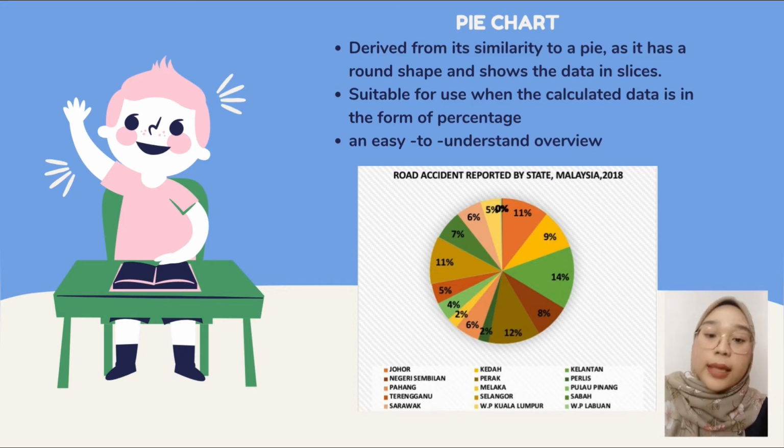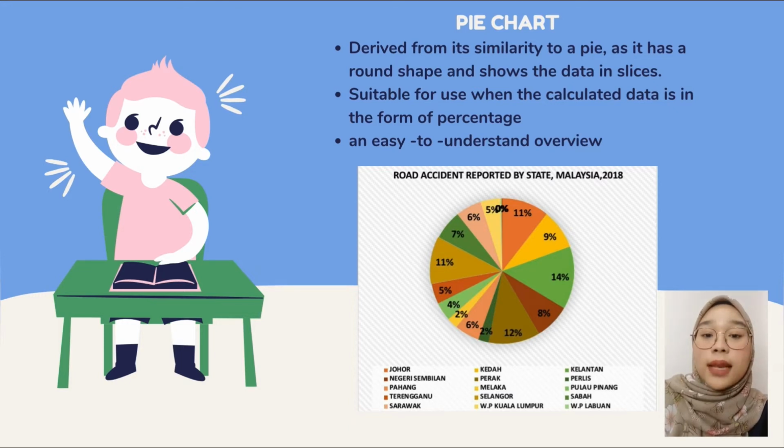The number of accidents for the state of Johor is 11%, equivalent to 1,551 people. For Kedah it is 9%, equivalent to 1,306 people.